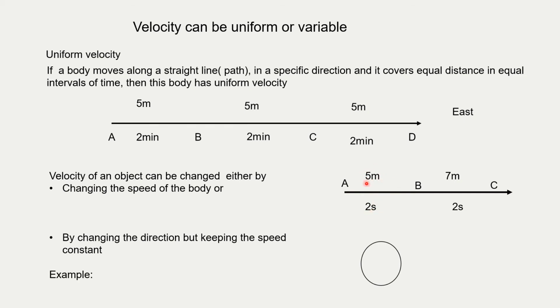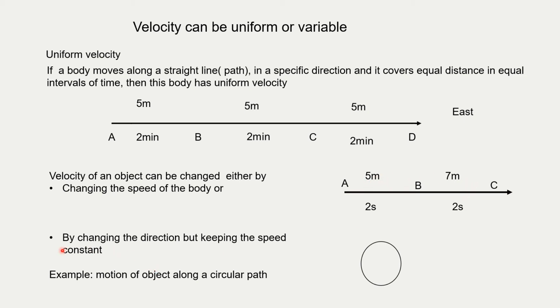So this is the speed at which the body has traveled from A to B. Now from B to C, the body has covered 7 meters in 2 seconds. So the speed is distance upon time, 7 divided by 2, which is 3.5 meters per second. So the body has different speeds, or there is a change in speed. So the velocity also will change.